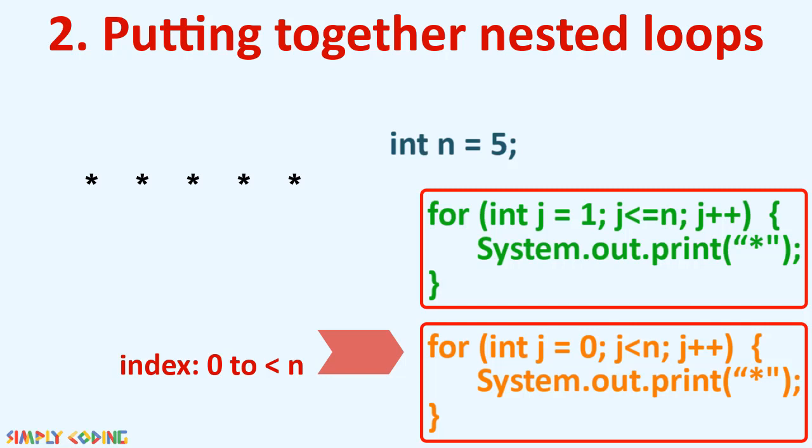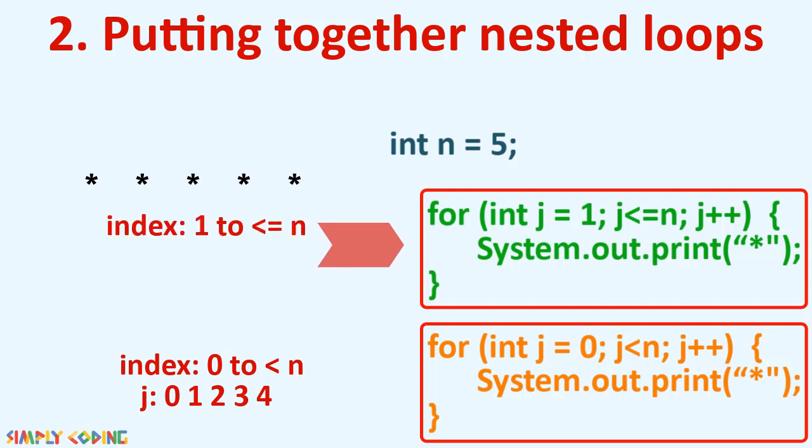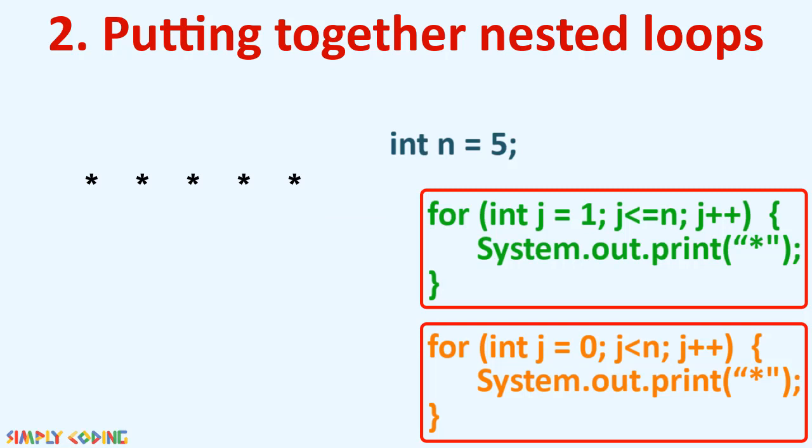If we start from 0, it will run the loop 0, 1, 2, 3, 4 times, which means it runs 5 times. And if you start from 1, then j will take values 1, 2, 3, 4, 5, which also runs 5 times. The reason I am focusing on this is that I see many times kids confusing between less than and less than equal to, and it messes up the whole pattern.